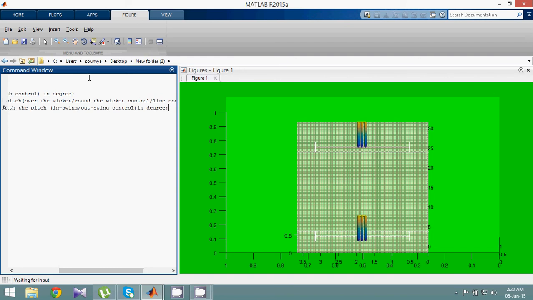The inside I'm saying is the distance from the pitch.